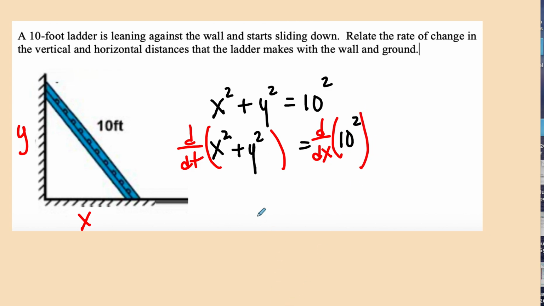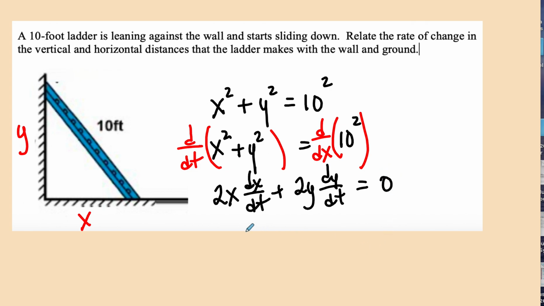All right, this answer is going to be treat x as a differentiable function, 2x dx/dt plus 2y dy/dt, and this derivative of a constant will be 0. So now we have an equation that relates these two variables, dx/dt and dy/dt, in this relation, and this is called a related rate.